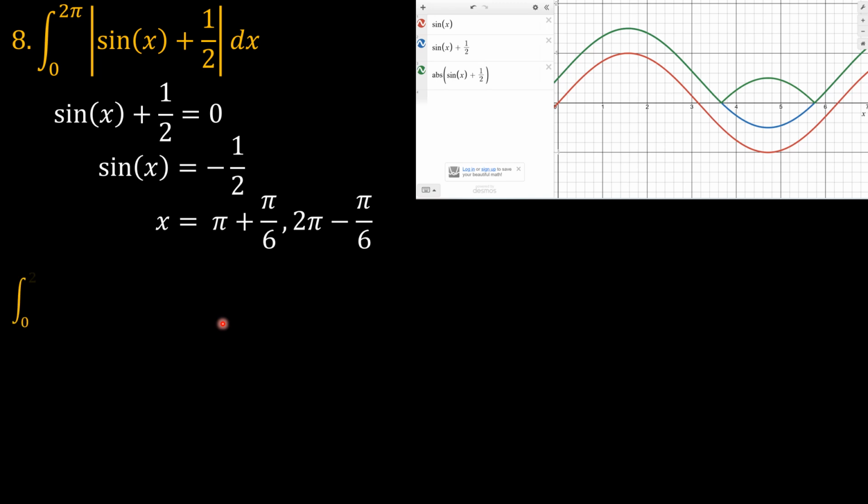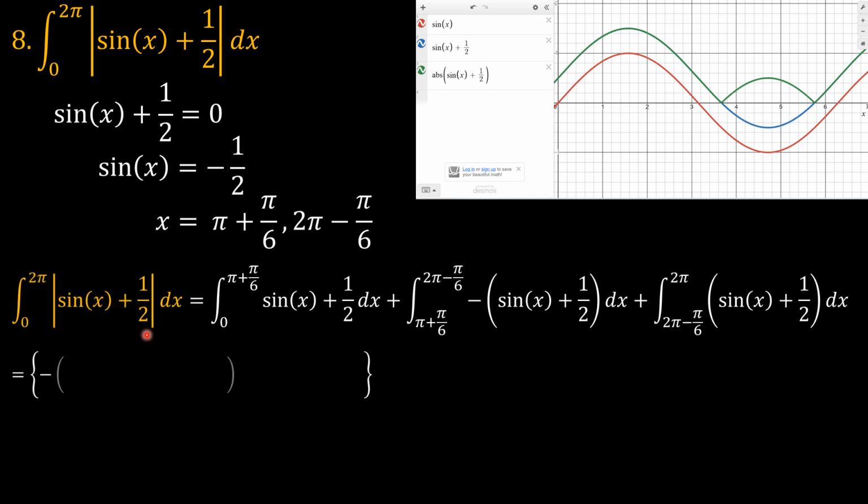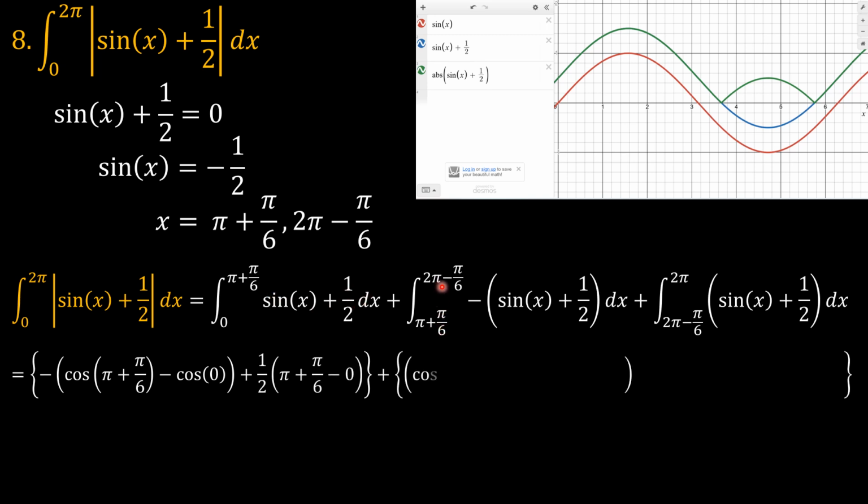And so our integral just becomes the normal integral from x equals 0 to pi plus pi over 6, and then in the interval of pi plus pi over 6 to 2 pi minus pi over 6, we apply a negative sign, and in the last interval we just keep it the way it is.